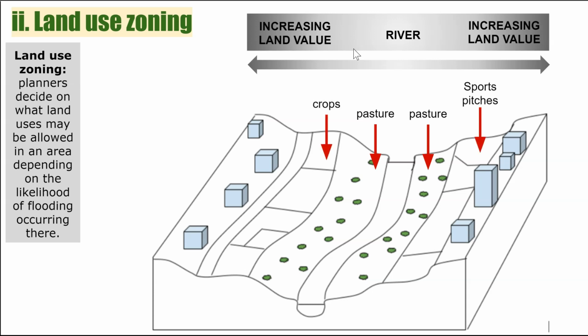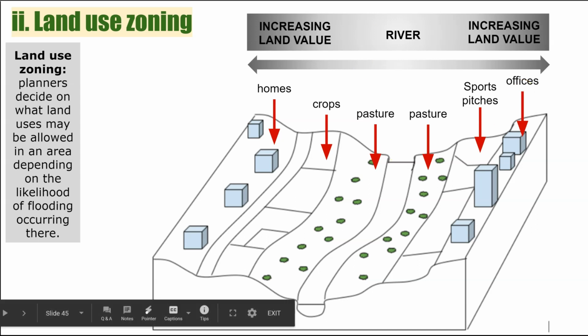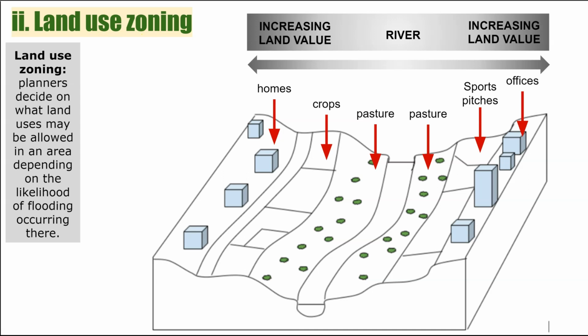Then you can come up here to crops and sports pitches, less regularly flooded, but if they are flooded, they're not necessarily going to be causing major damage. And then the place where you have the greatest risk of flooding, that's where you place your highest value land uses.